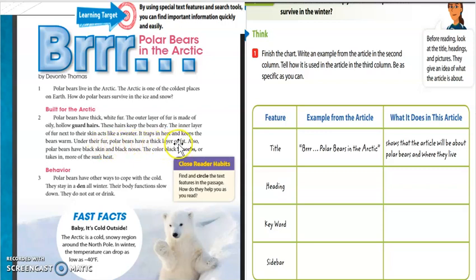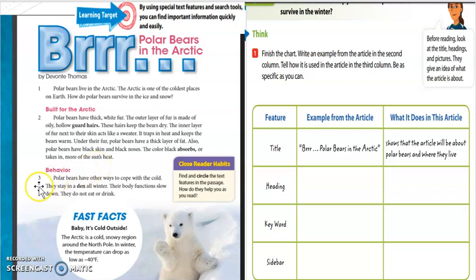It traps in heat and keeps the bears warm. Under their fur, polar bears have a thick layer of fat. Also, polar bears have black skin and black noses. The color black absorbs or takes in more of the sun's heat. Oh, that's what absorbs means. It means to take in. And that's another way the polar bears stay warm.